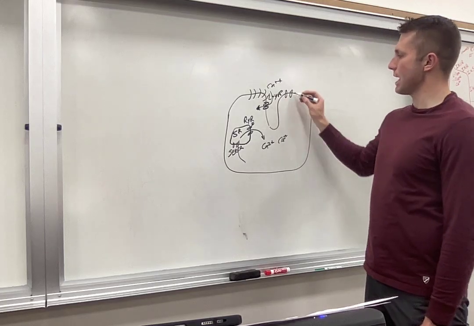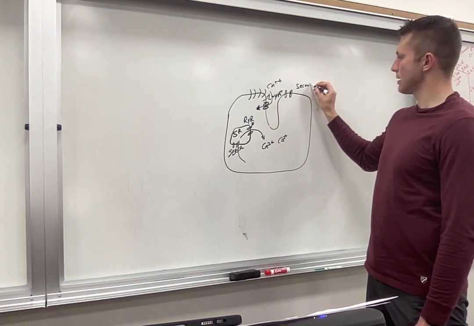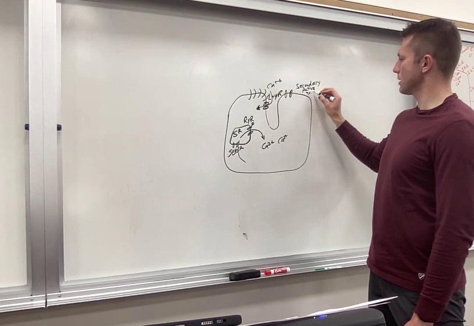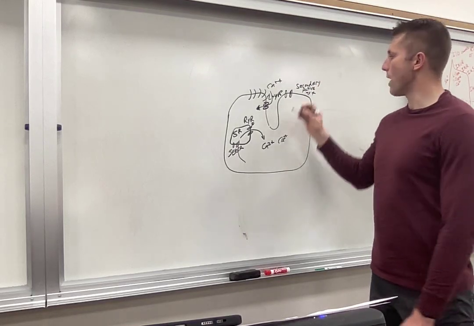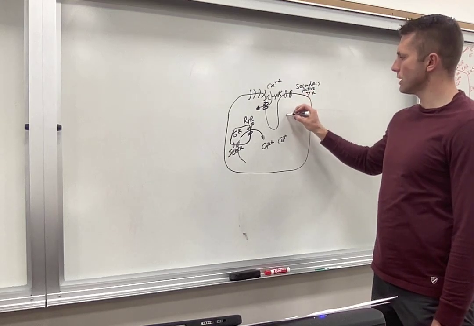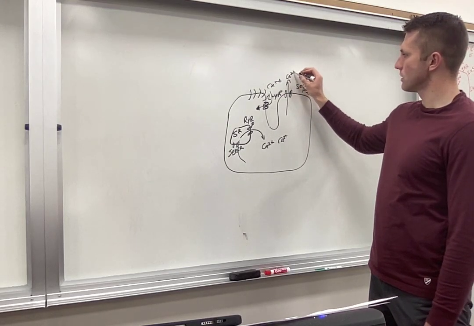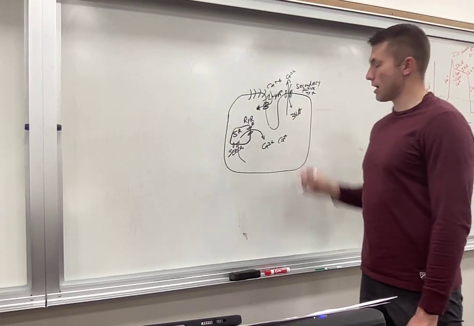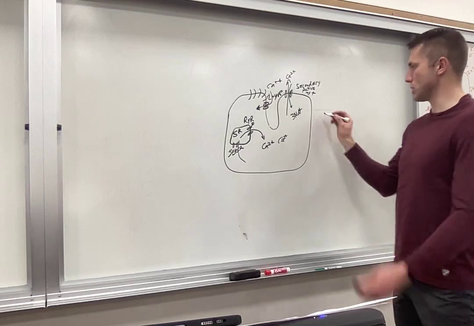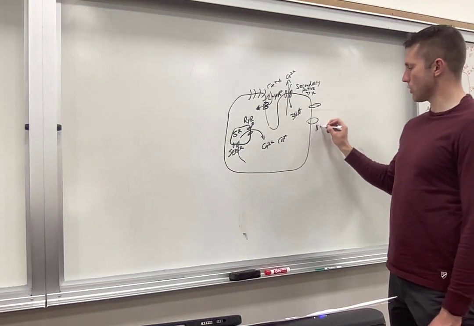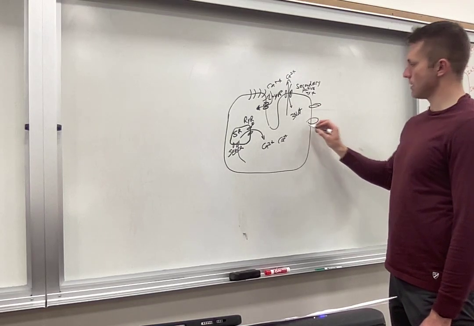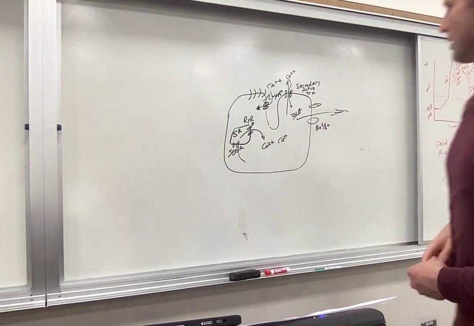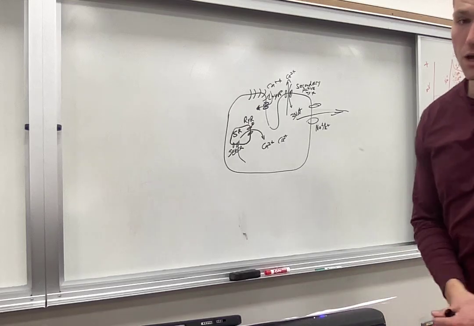So we're going to have a secondary active transport occur where it lets one calcium out for every 3 sodium ions that are coming in. And then check it out. This sodium-potassium pump sends those 3 sodiums right out again with the ATP. Okay, so that is how calcium gets out of the cell.